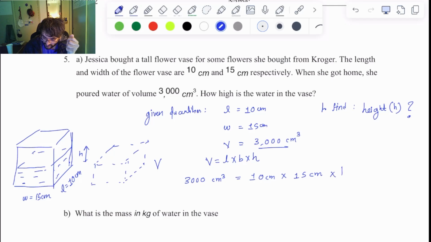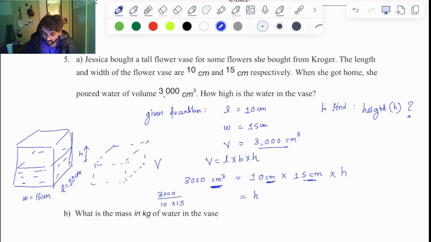And height is something we need to find. So if I divide both sides by 10 and by 15, I will have height is equal to 3000 divided by 10 and 15. And there are 3 centimeters here, centimeters times centimeters times centimeter. And there are 2 centimeters here.